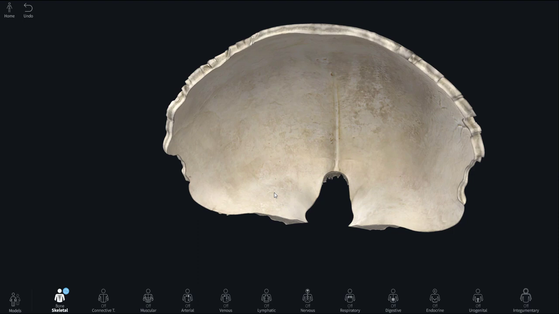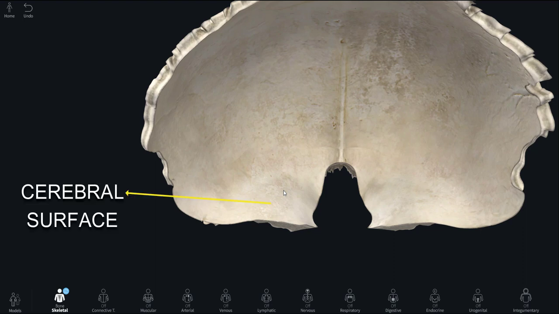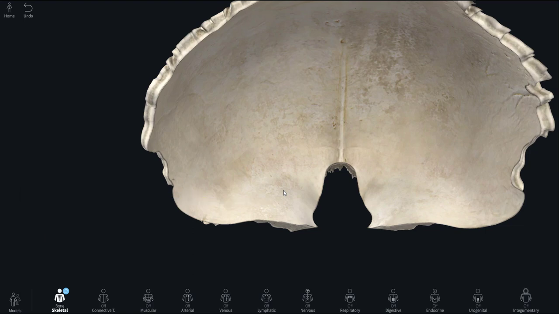Now, the interesting thing is that the internal aspect of these orbital plates is known as the cerebral surface. The orbital plate has two surfaces, right?